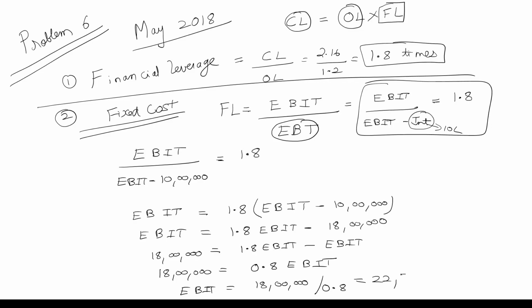So I get 22 lakhs 50,000. So my EBIT is 22 lakh 50,000.